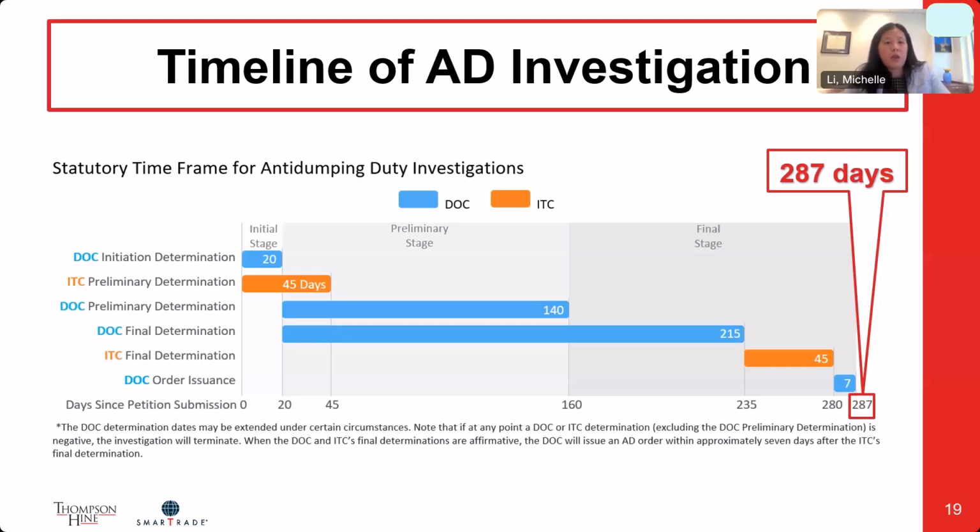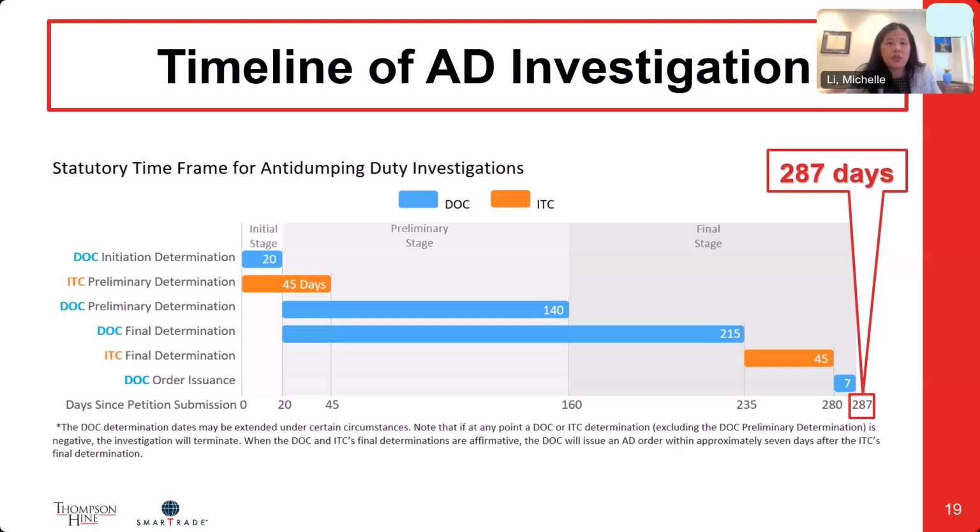And then Commerce will come in to make a preliminary determination, collecting all the information about the sales and the costs, and decide whether there is a dumping margin there. And then Commerce later will make a final determination. You can see here, it's a two-agencies dancing kind of exercise.